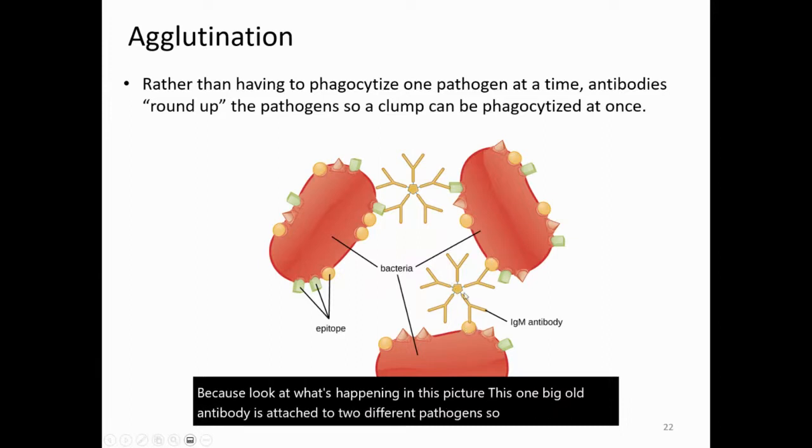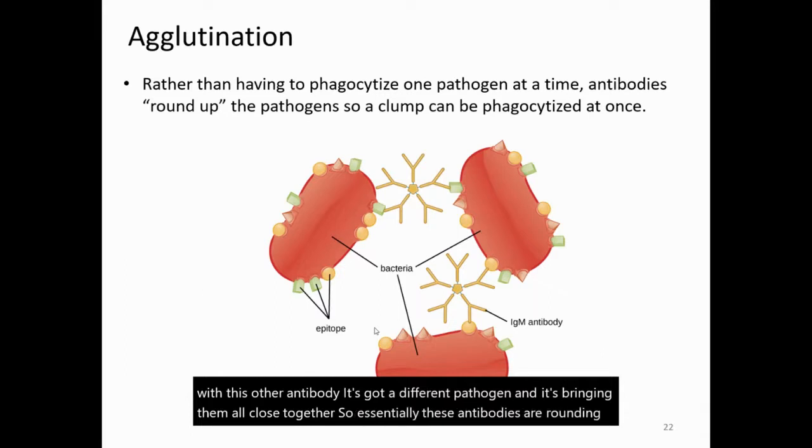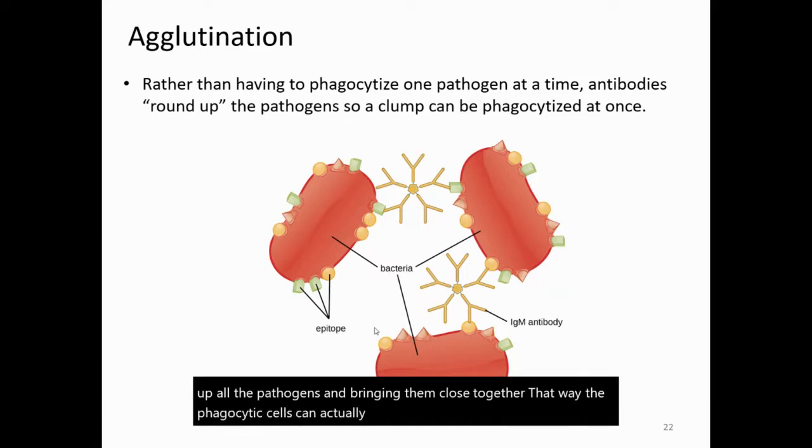So it's forcing these pathogens to be in close proximity to one another, right? Same thing with this other antibody. It's got a different pathogen and it's bringing them all close together. So essentially these antibodies are rounding up all the pathogens and bringing them close together. That way the phagocytic cells can actually phagocytose multiple pathogens at one time.